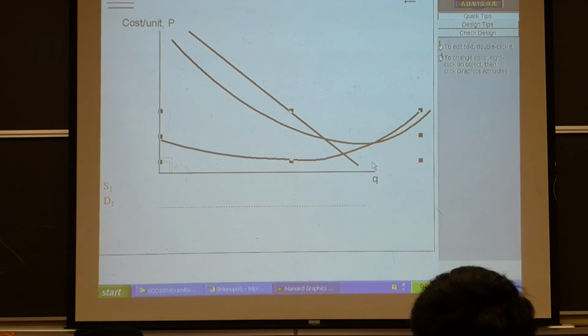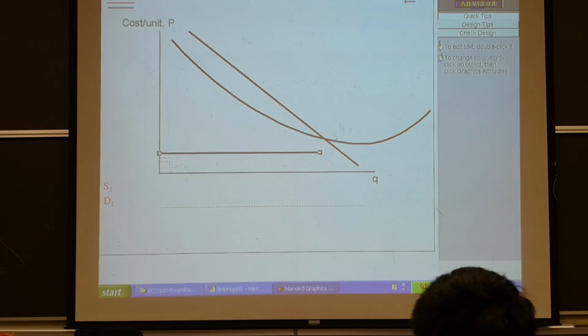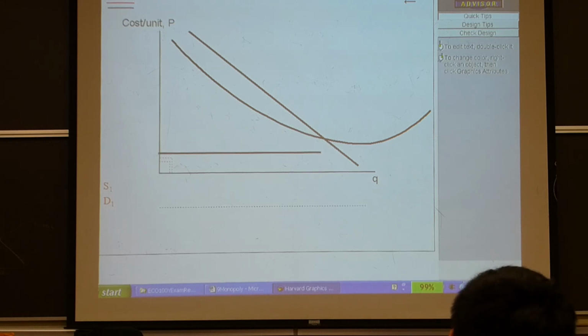But typically, when you have a really big firm, like almost any really big manufacturer of any type, marginal cost is pretty well constant for most of the range. So you can draw it like this. This is another way we'll be drawing it. Marginal cost is essentially constant until about there, and then it rises.